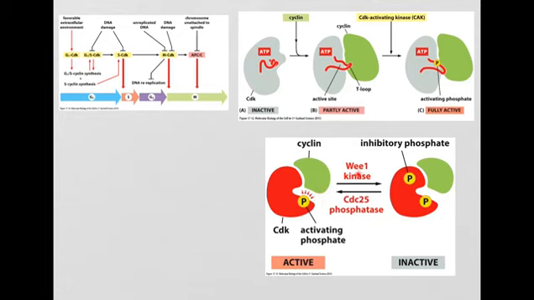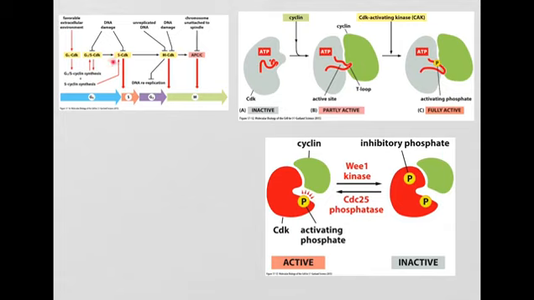In this case, the weak kinase phosphorylates, but in this case it inhibits because it adds an additional phosphate beyond the one that was required to activate. So in order to make an active CDK out of this, you have to remove that phosphate and not that one. So this requires another enzyme, CDC25 phosphatase, that reverses the inactivation provided by the weak kinase in order to get an active CDK.